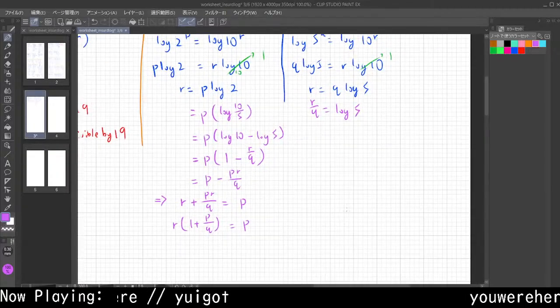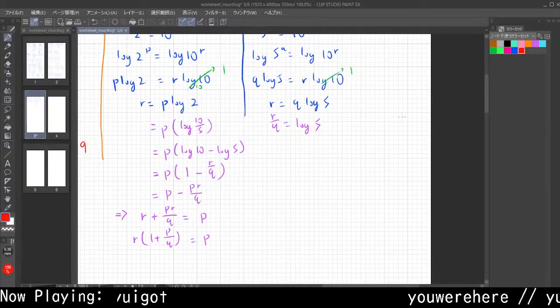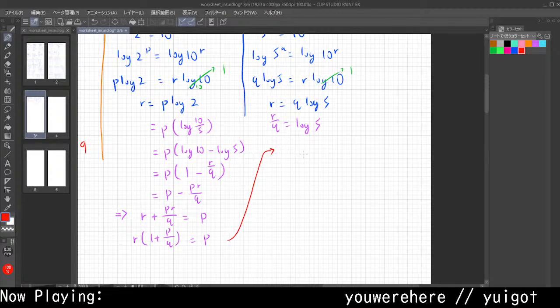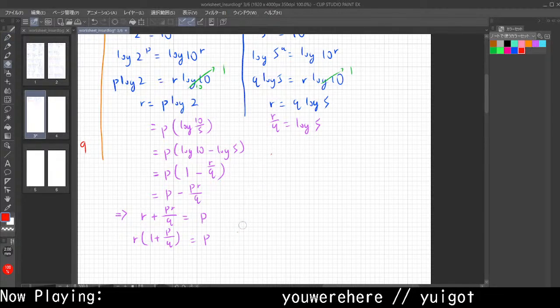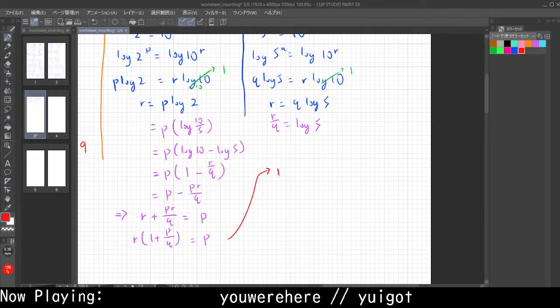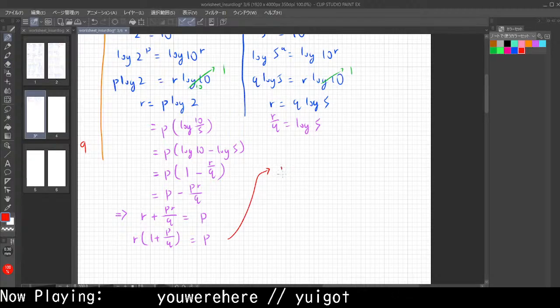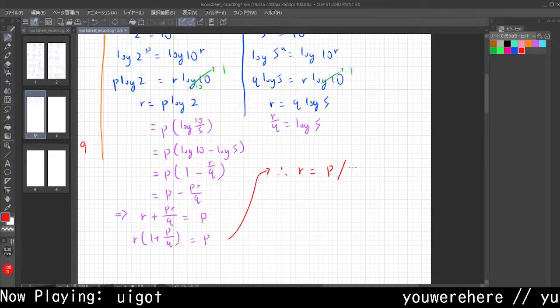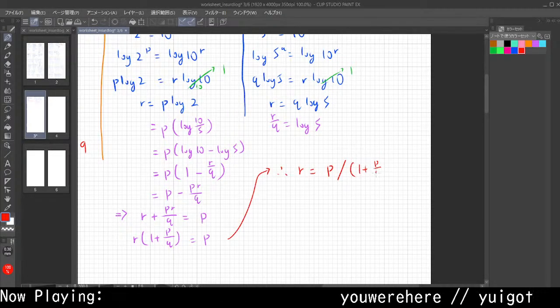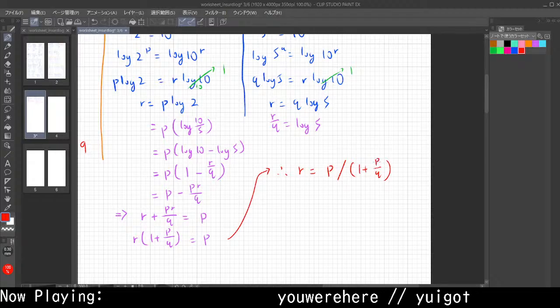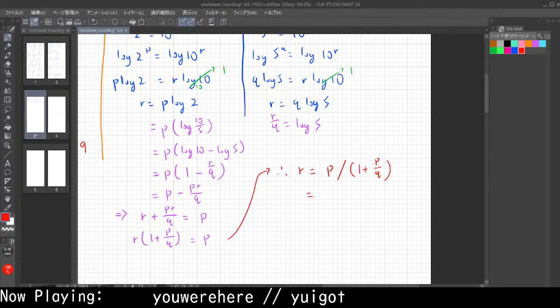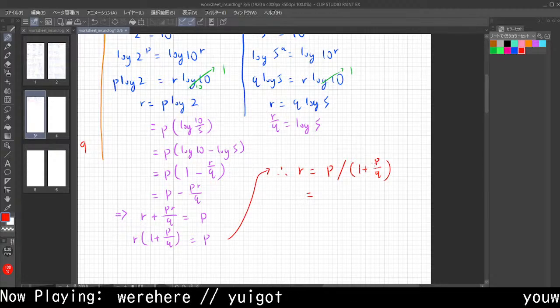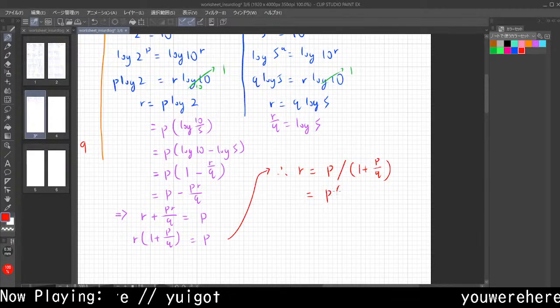Therefore, to save space, I'll put in here and then I'll change to red color. My R can be written as P divide 1 plus P over Q. And so combine this together to become a single fraction.